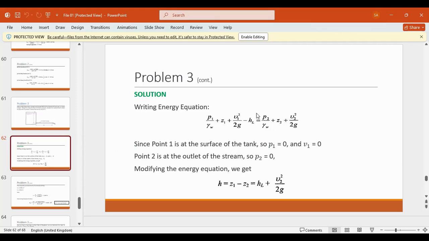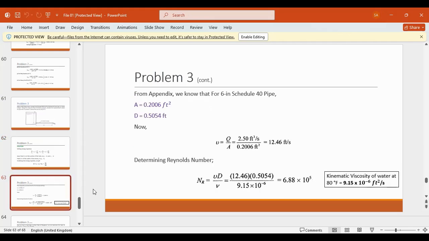So the equation becomes: H, which is Z1 minus Z2, equals HL plus V squared over 2g.